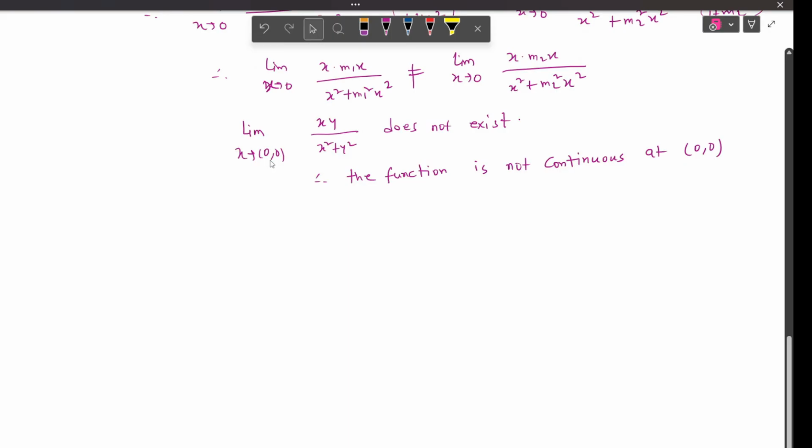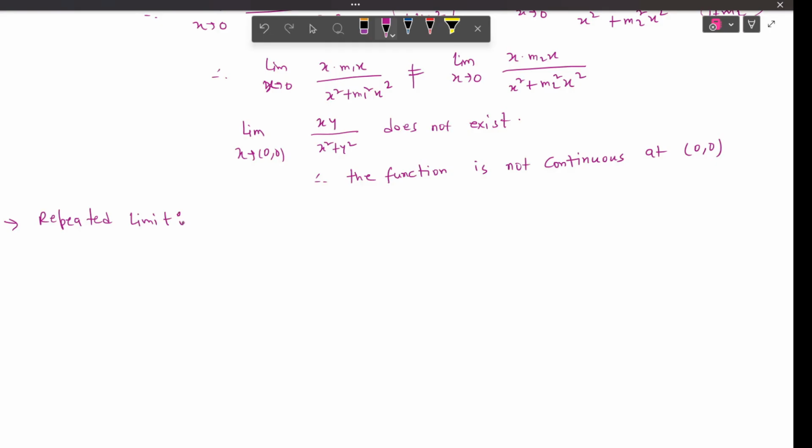Now let us talk about repeated limit. Let f of xy be a function of two variables defined over a region R. A comma b be a fixed point.